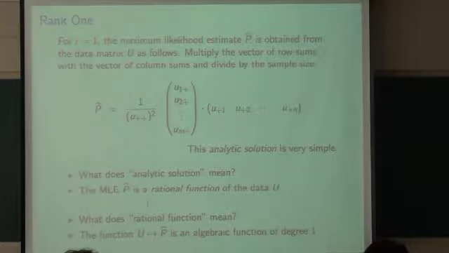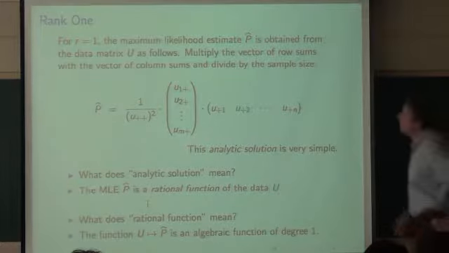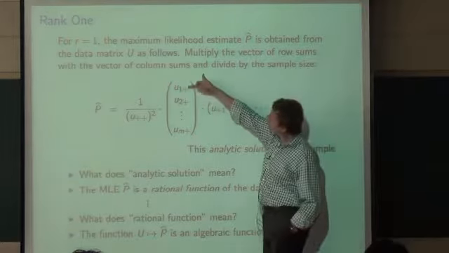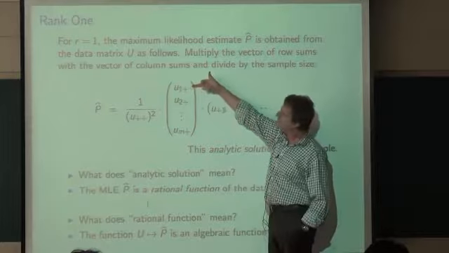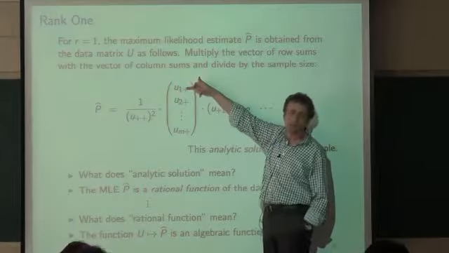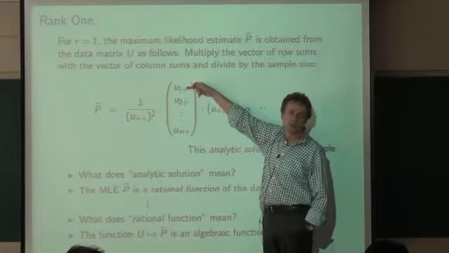You take the vector of row sums and the vector of column sums. You take the outer product and you divide by the square of the sample size. So this is the row vector, U1+, the row sum of the data table. This is the total number of people who watch very little soccer.